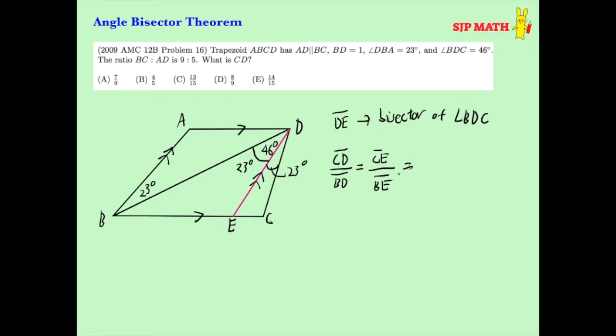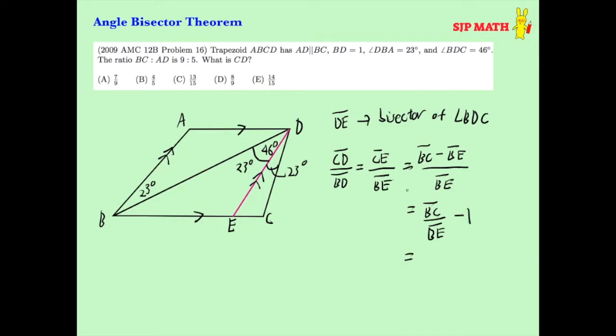And we can rewrite CE as the length of BC minus the length BE. So CE is equal to BC minus BE, and BE is still BE. Then we can rewrite this expression as BC over BE minus 1.